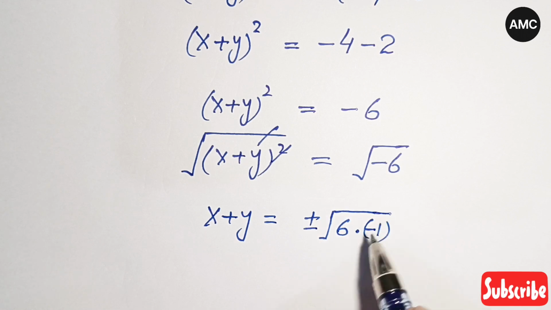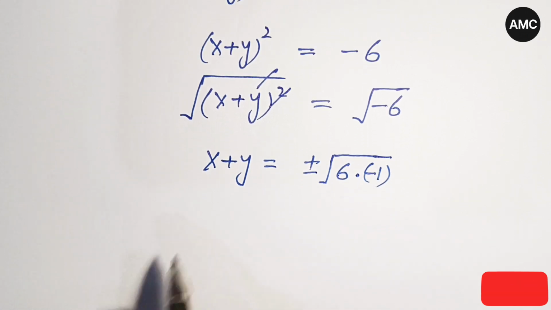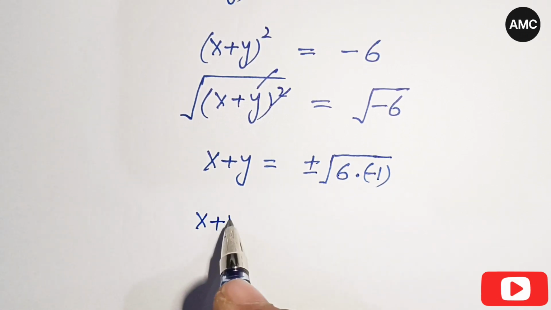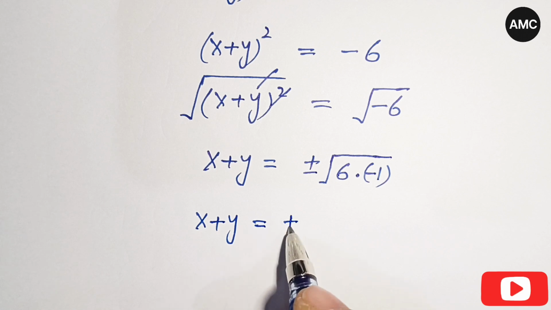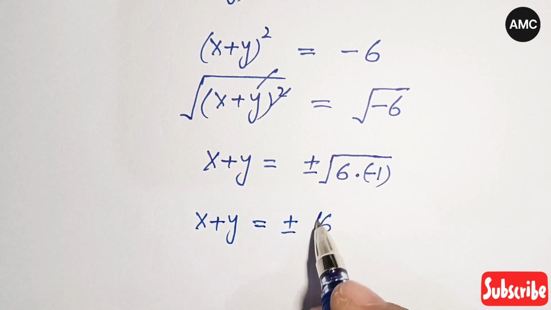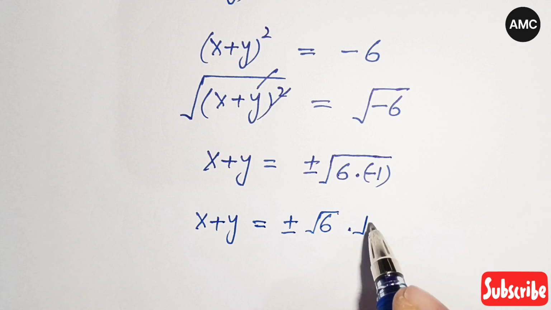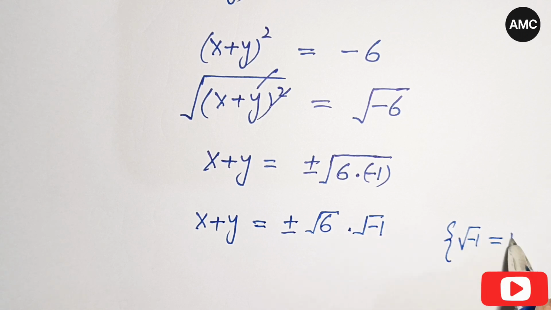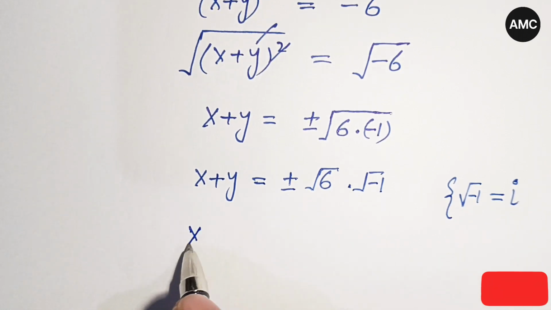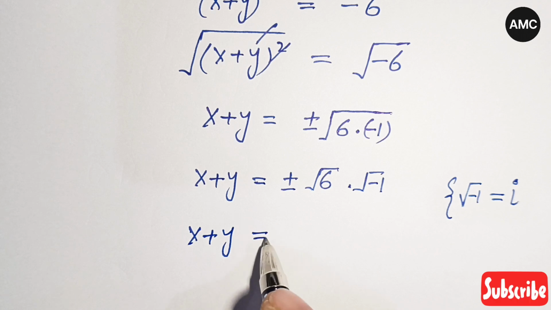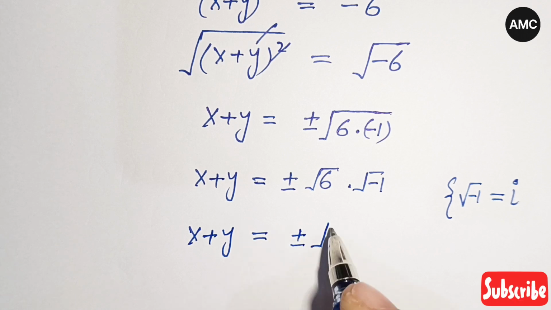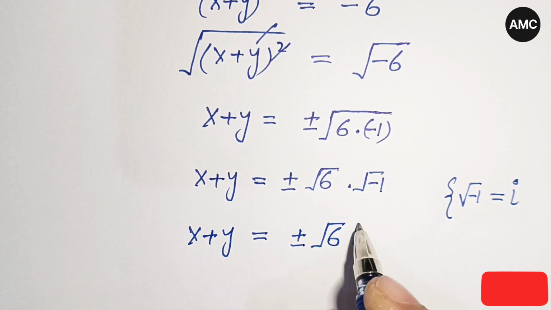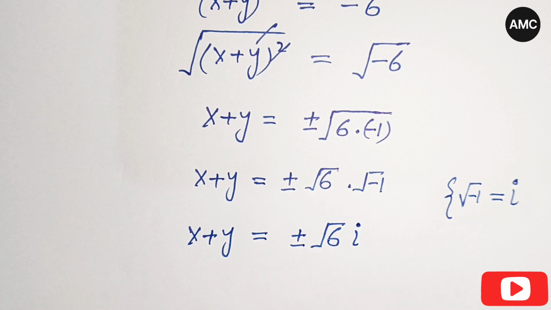So by simplification we write x plus y is equal to plus minus square root of 6 times square root of minus 1, and we know that square root of minus 1 is equal to i, which is iota. So here we have x plus y is equal to plus minus square root of 6 i. So we get two values of x plus y.